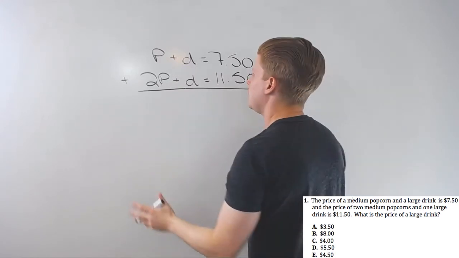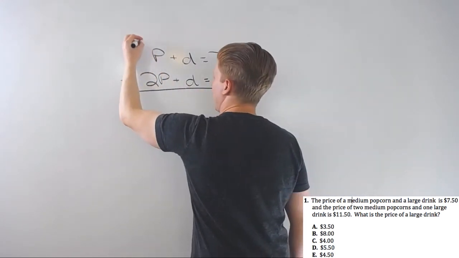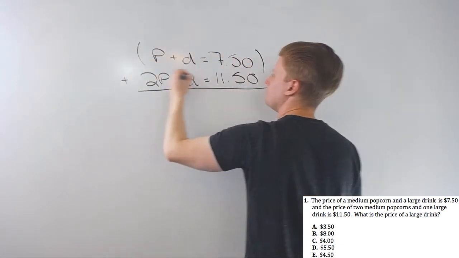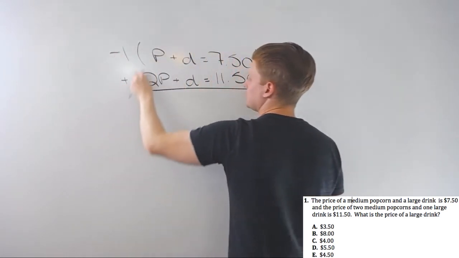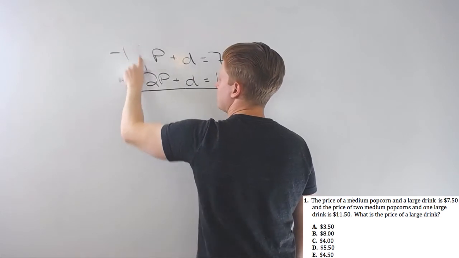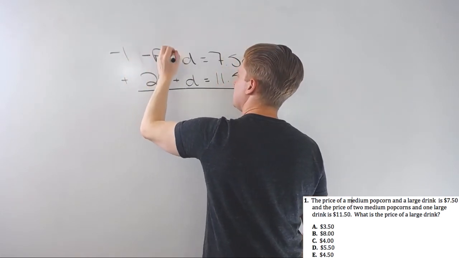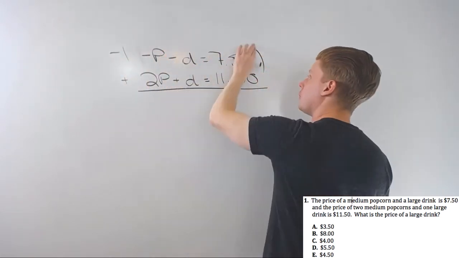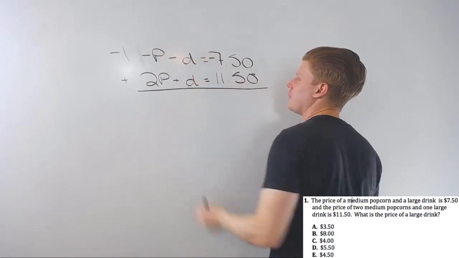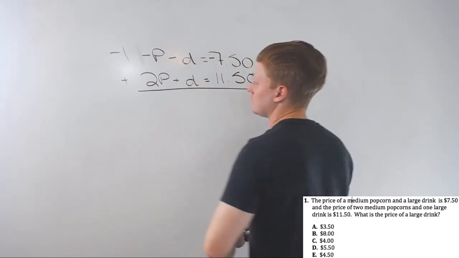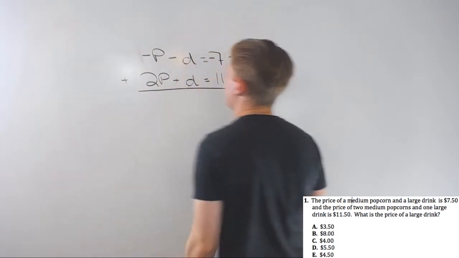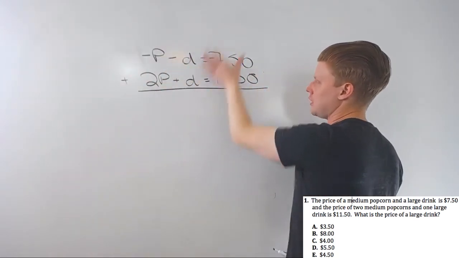Now, I'm going to multiply this top equation by -1. That translates into making this a negative P, a negative D, and don't forget this part. This is where people goof up. A negative $7.50. Now, I just add like to like.